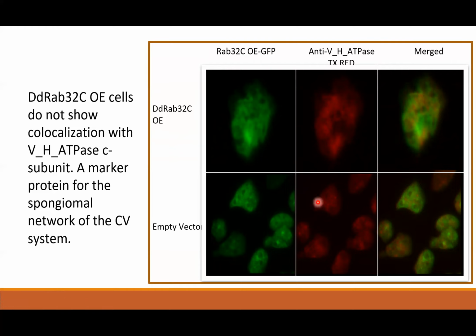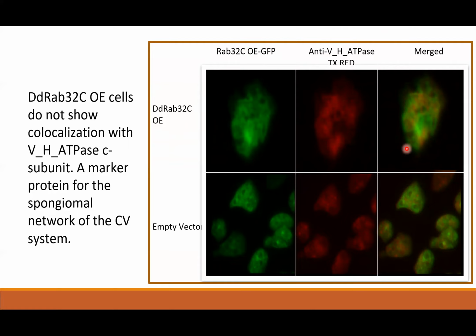So I began by looking at that, and you can see the green is Rab32C overexpressor mutant. That's what OE stands for, and it is linked with a GFP tag, which glows green, utilizing fluorescent microscopy. I then used the VH-ATPase antibodies with an FITC conjugated secondary antibody, which would give the red fluorescence emission.